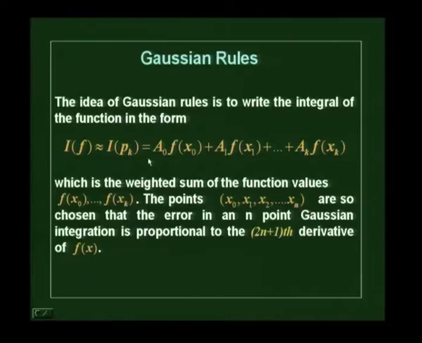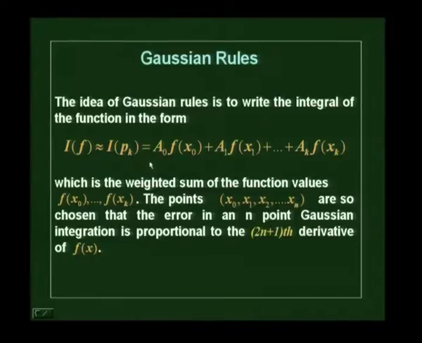So the idea is to write it as a sum of some weight multiplied by the function value. The idea of the polynomial approximation is the same, but now we want to write the formula in this form: the function value evaluated at that point and then multiplied by a weight, and the whole method is to find what these weights are.